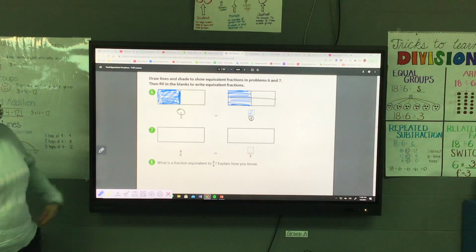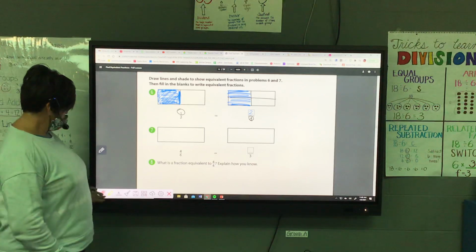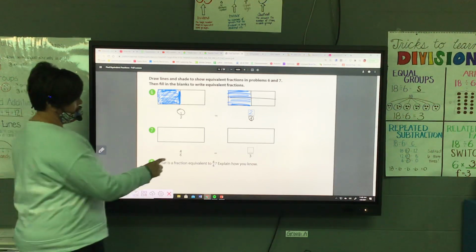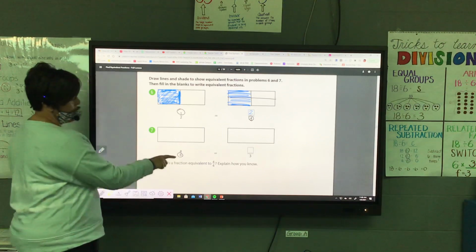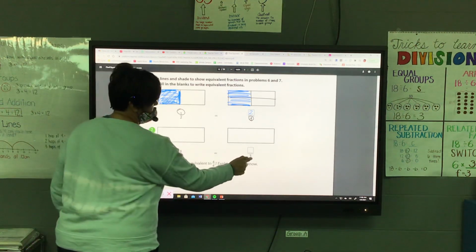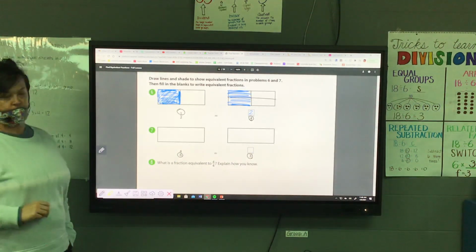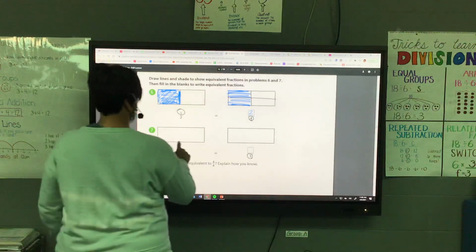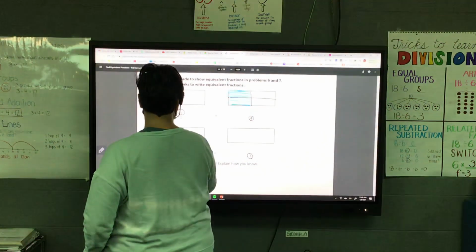Okay, let's move on to 7. We have to divide this shape into how many equal parts? 6. And this shape into how many equal parts? 3. All right, so I think I'm going to split both of them into 3 equal parts first.